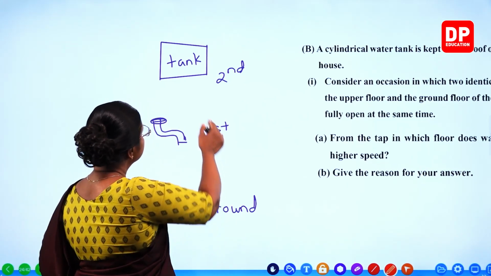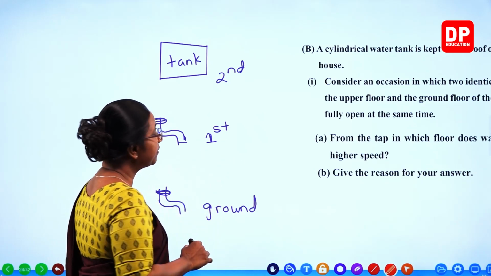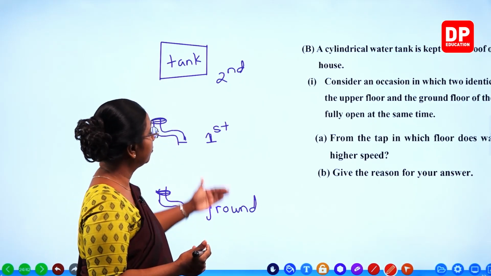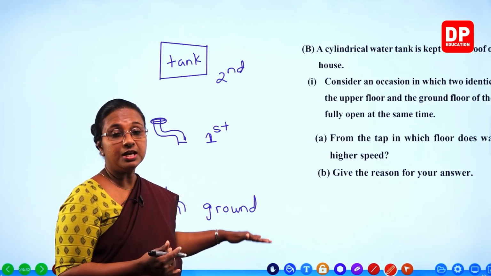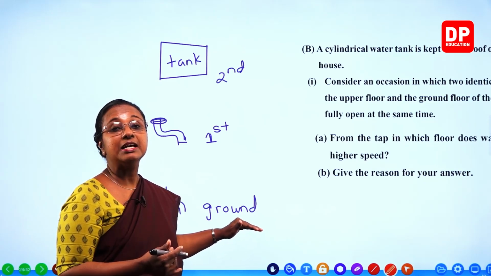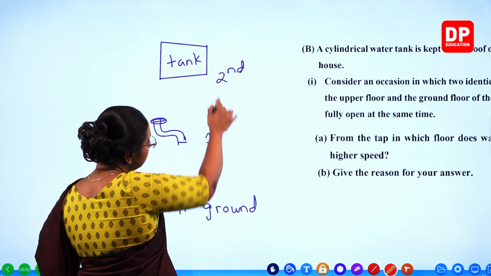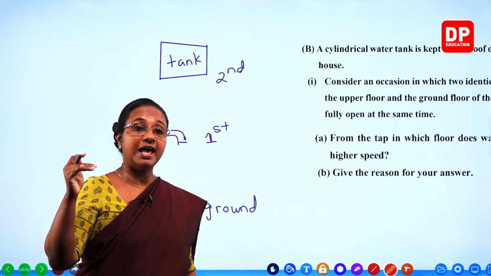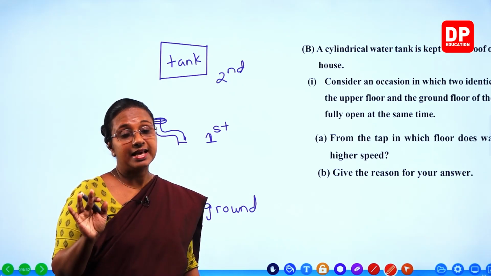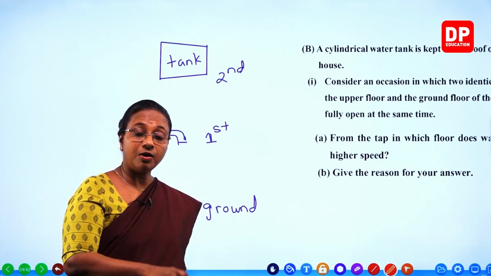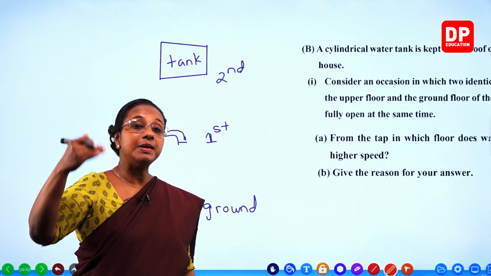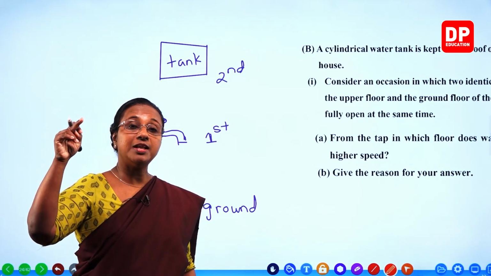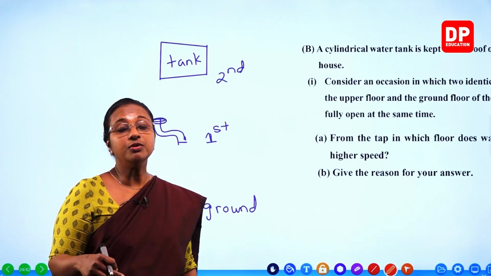And that also, since this is on the 2nd floor, the tap on the 1st floor, there will be a certain amount of pressure. The tap on the ground floor, there will be a certain amount of pressure, but this pressure will be greater. Why? Because the height changes. That is why we normally have the tank on the top floor. Is that clear, students? Otherwise, if you have the tank on the bottom floor, you will have to pump it with higher pressure to send it to the upper floors. So when you have it at the upper floor, it's easy for the water to flow down.